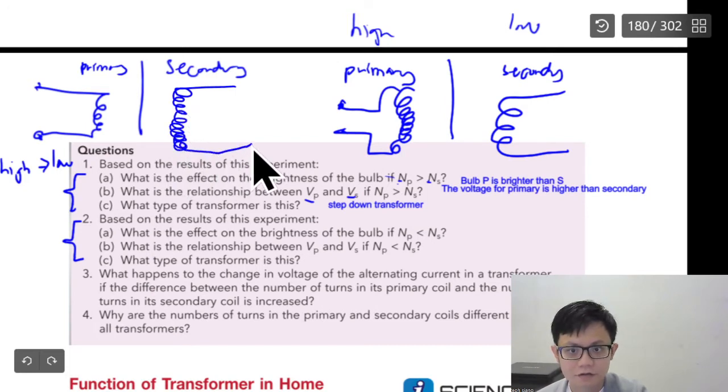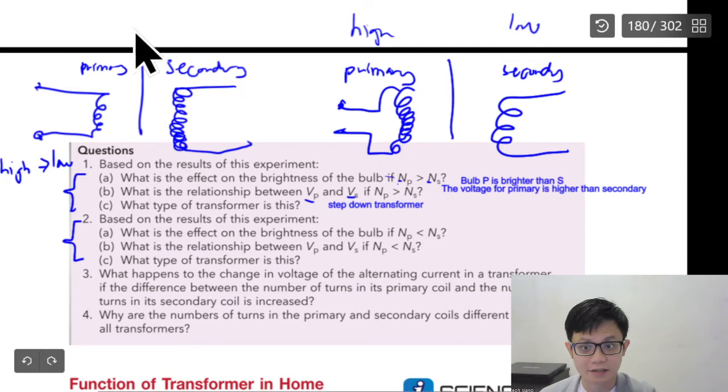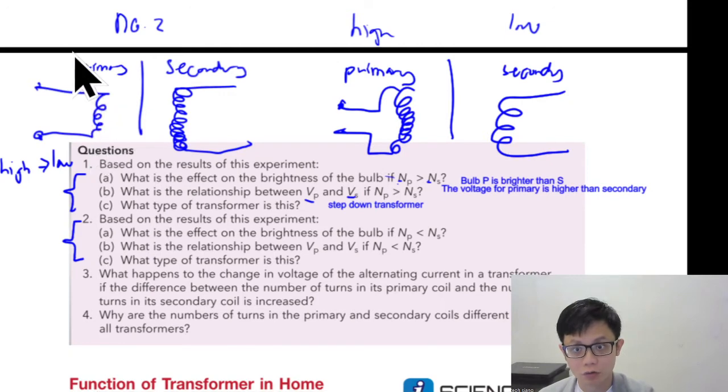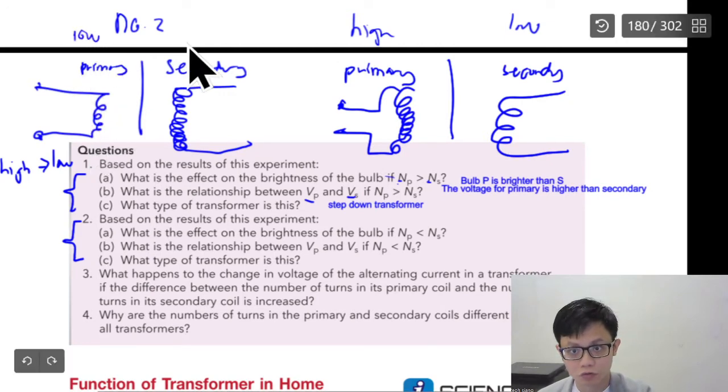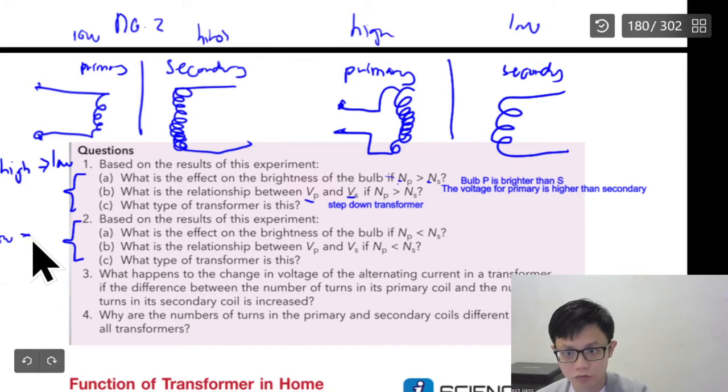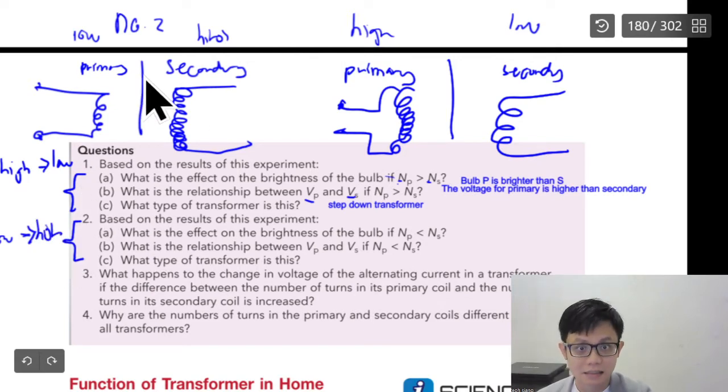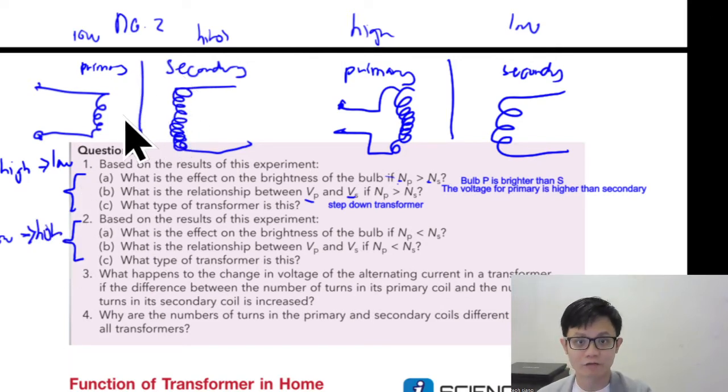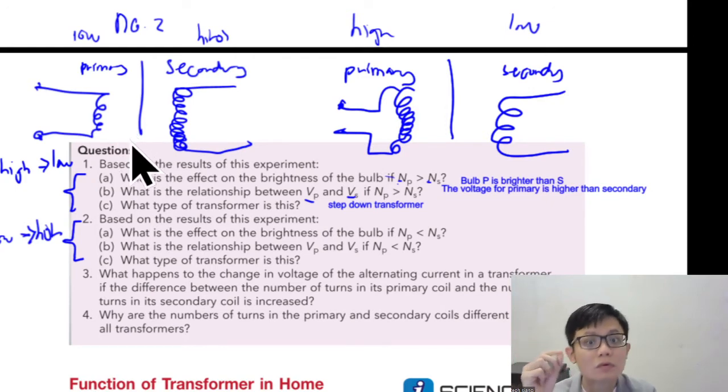1, 2, 3, 4, 5, 6, 7, 8, 9, 10. So from this question, I know that it is from low to high. This is a step up transformer, from low to high.